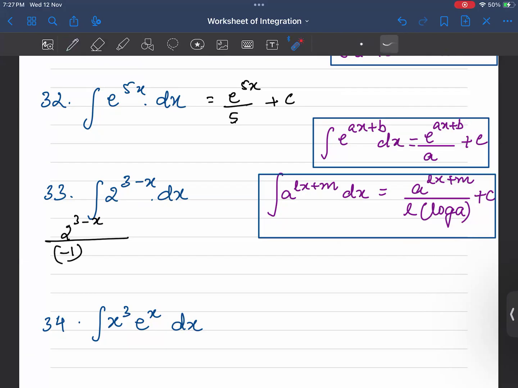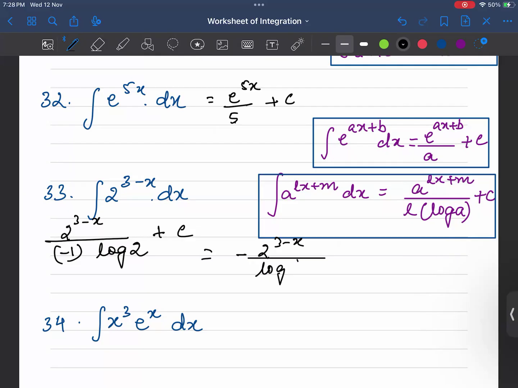We can see what is multiplied with x. Otherwise it was just x, that is 1. So that is minus 1. And over here, it would be the log of the base 2. I think it's clear. Answer would be 2 power 3 minus x upon log 2, plus c, is your answer.